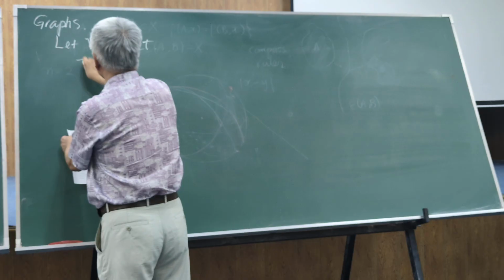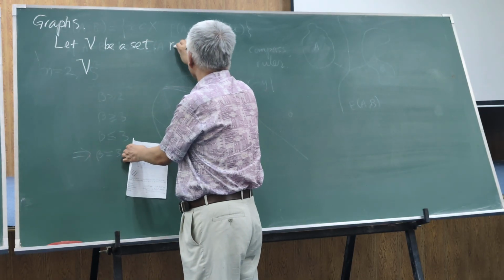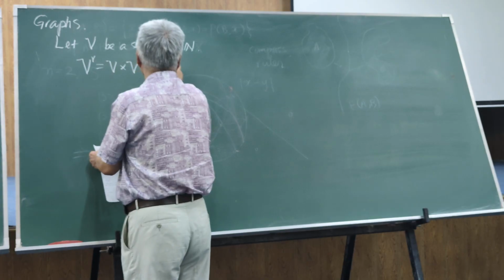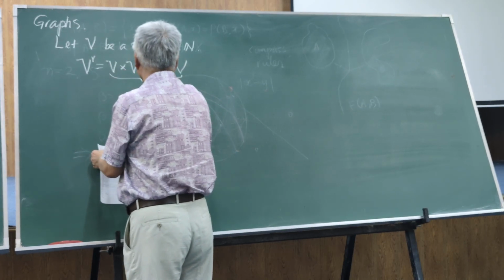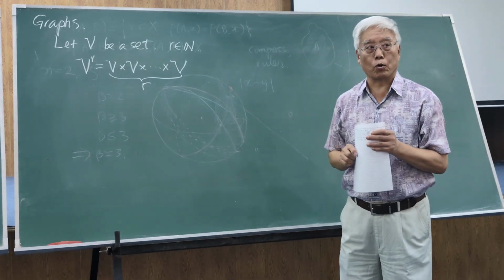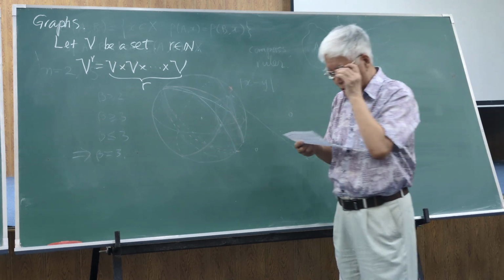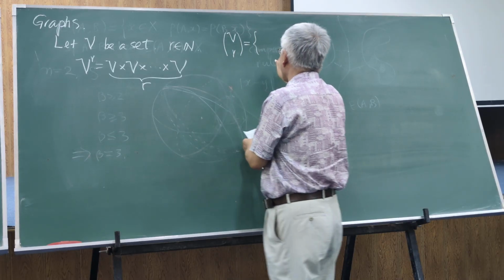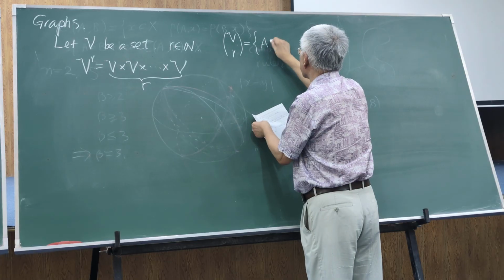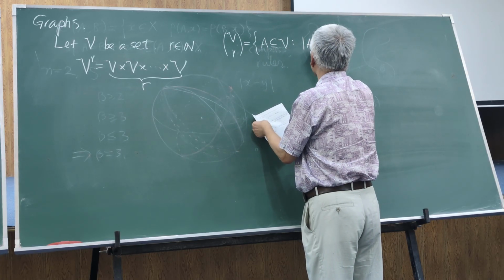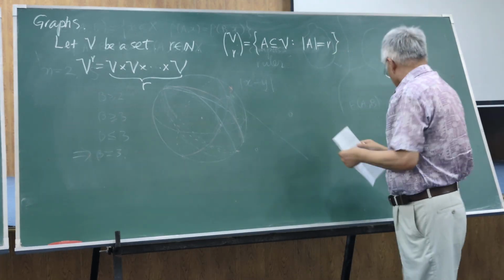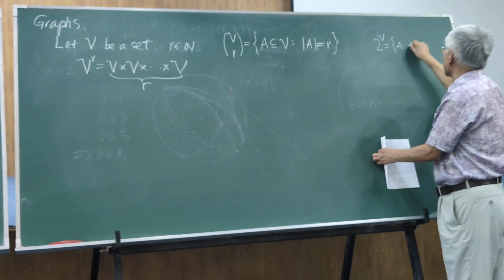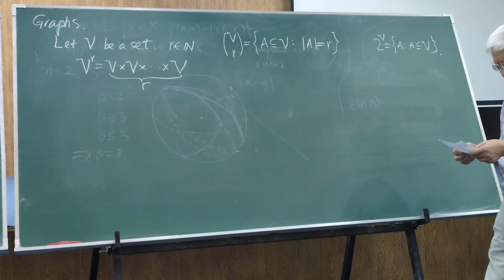Common notations: for R a natural number, we use V to the R to denote V cross V cross ... cross V, R times. So that is the Cartesian product of the set V. And then we use this concise symbol, V choose R, to denote all R-subsets of V. And we usually denote by 2 to the V all subsets of V, the set of all subsets.